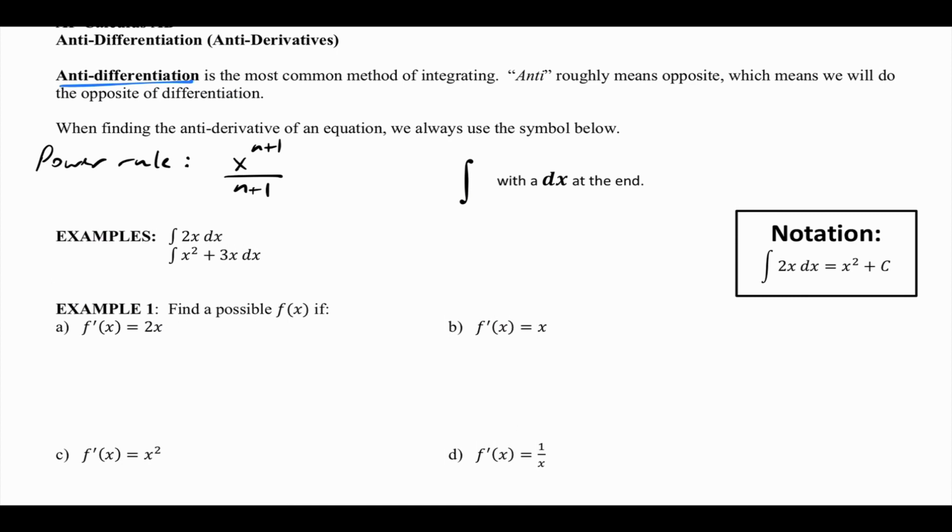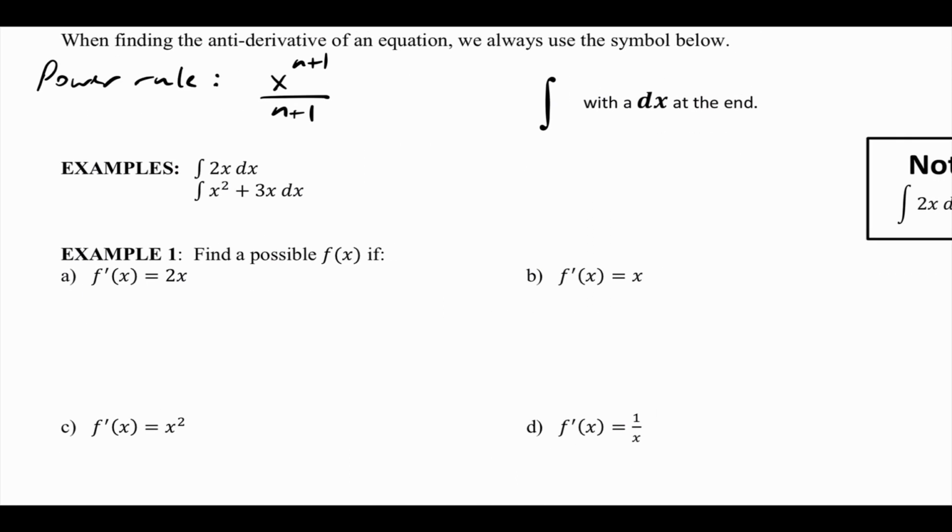Let's do the first one. This is the derivative, 1a. This is the derivative, 2x. So we need to find the original. We're going to use an antiderivative. So 2x, what power does x have right now with the derivative?